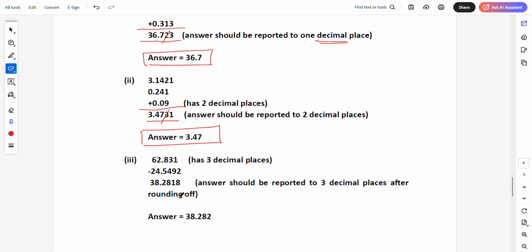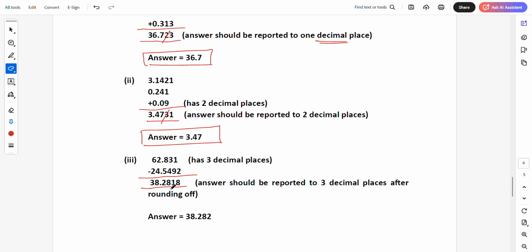We will be subtracting. If I subtract this, 62.831 minus, I am going to get 38.2818. 3 decimal places. Here 1, 2, 3, 4 are there. Minimum is 3 decimal places. Now the answer should be reported to 3 decimal places, that is after rounding off.